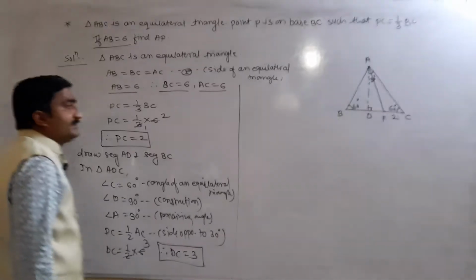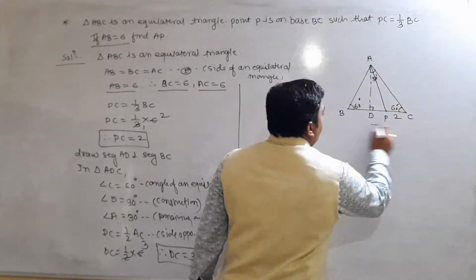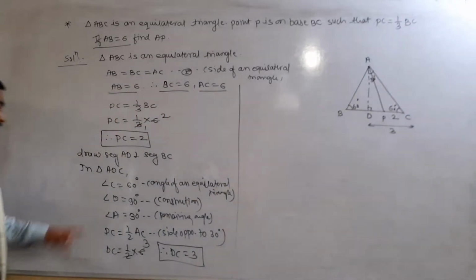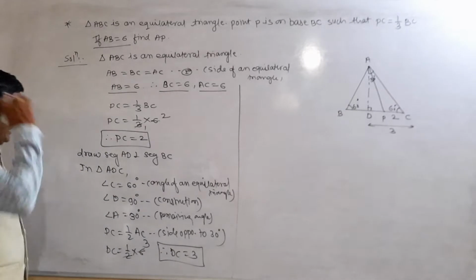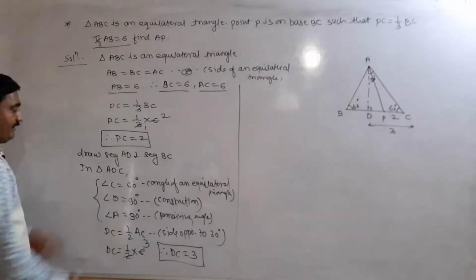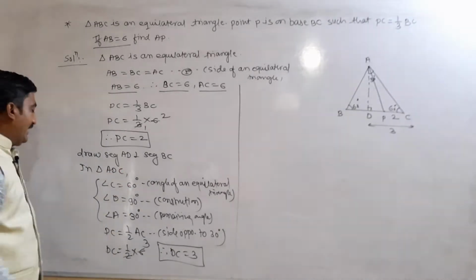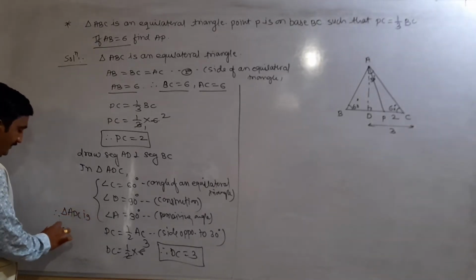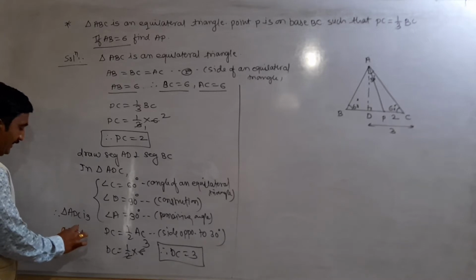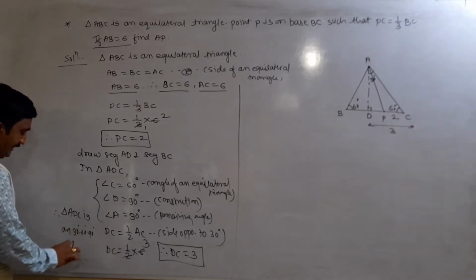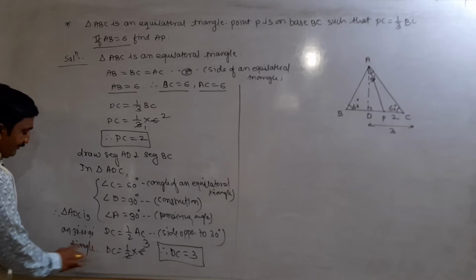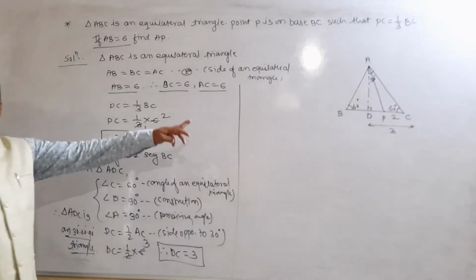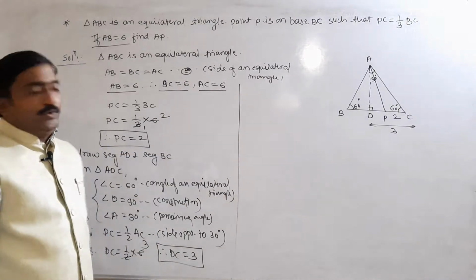This is the value of DC. Remember that total DC is equal to 3 and only PC is equal to 2. Triangle ADC is a 30, 60, 90 degree triangle. By using the property of 30, 60, 90 degree triangle, the side opposite to the 30 degree is half of the hypotenuse.